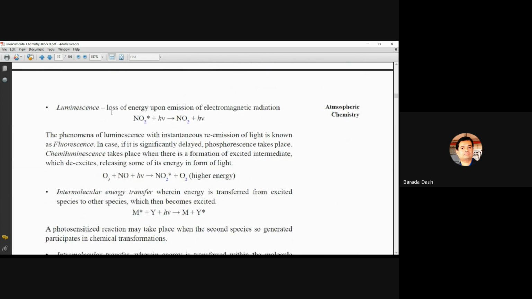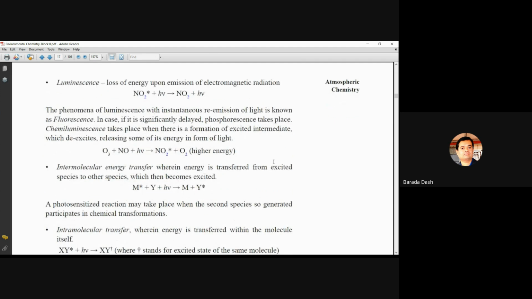Then luminescence is the loss of energy upon emission of electromagnetic radiation. NO2 star plus h nu gives you NO2, and energy is released via luminescence. The phenomenon of luminescence with instantaneous re-emission of light is known as fluorescence.